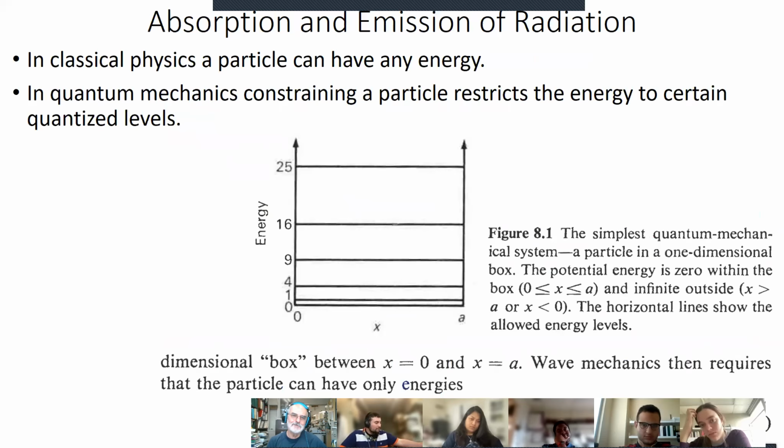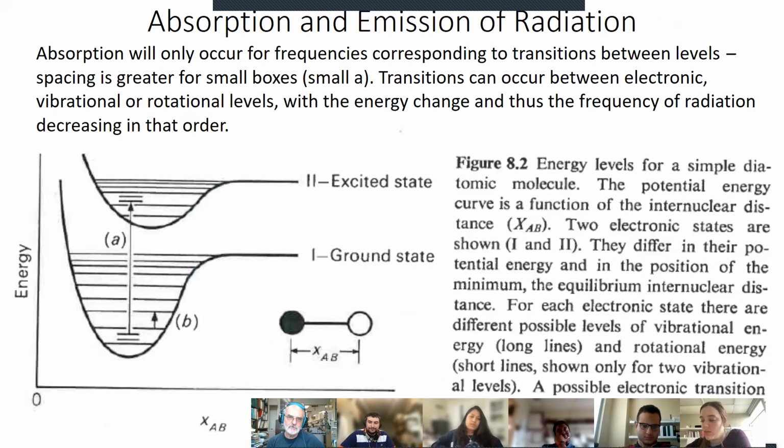It doesn't really explain where it comes from. The natural vibration comes from the fact that transitions can only occur between various quantized levels. All right. The levels depend upon the spacing in the quote unquote box. Now think of the box as the size of the molecule that we're talking about.